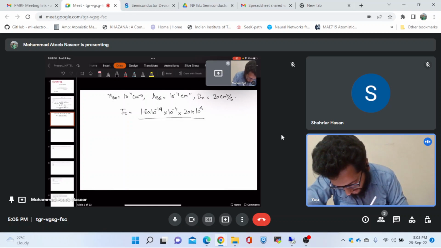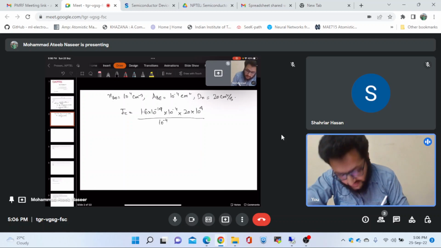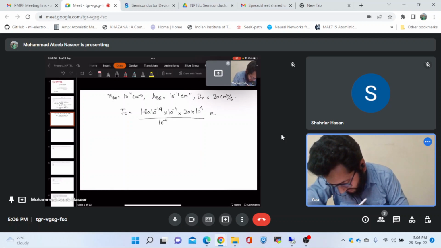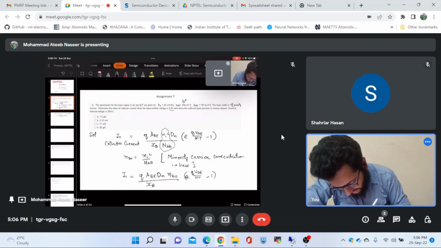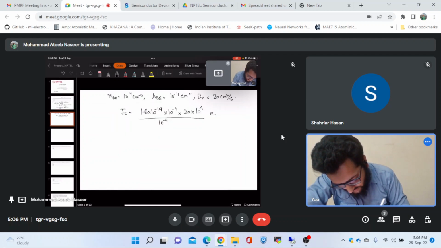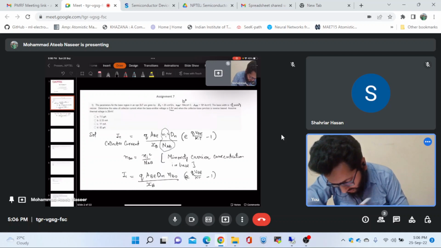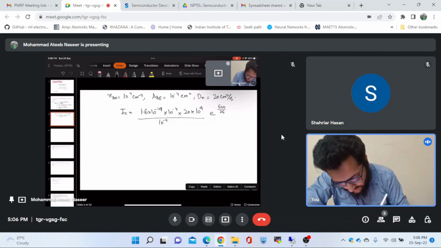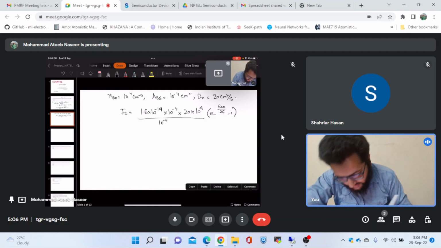This whole will be divided by 1 micrometer, which in centimeter will be 10 to the power of minus 4 centimeter. Since we are dealing in centimeters, we have to convert the micrometer into centimeter, and this will be multiplied by exponential of QVBE by KT. Since this VBE is 0.6 volt, we can write it to be 600 millivolt divided by 26 millivolt. So millivolt and millivolt will cancel, and this is minus 1.